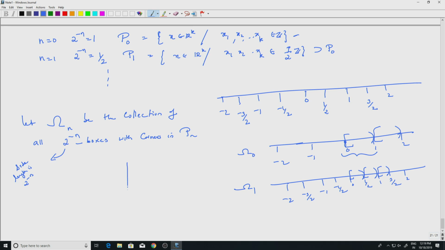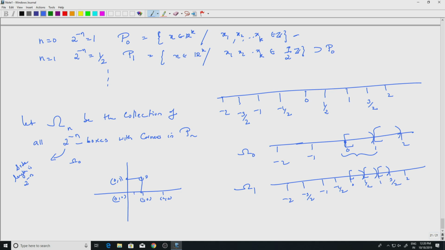Similarly, if you look at R2, you will see omega 0. First of all you have to find corners. So, you have 0 0, 1 0, 2 0 and 1 1, 0 1 etc. So, it will be boxes of this kind, that will be omega 0. Omega 1, well, you have to find the corners first.